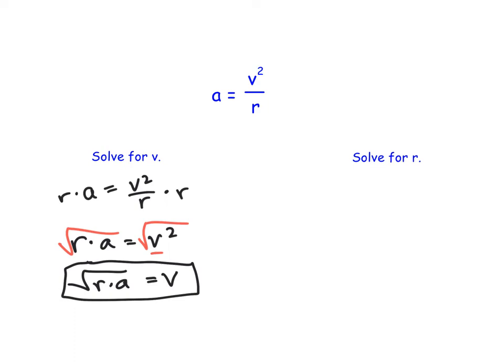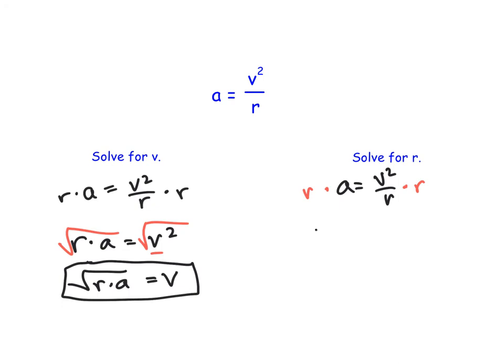And then let's solve the other one for R. So if we have A equals V squared over R, we want to get R all by itself. Now R is in the bottom, and I want to get that out of the bottom. The way I'm going to do that is I'm going to multiply by R on both sides, kind of like that first step on the other one.